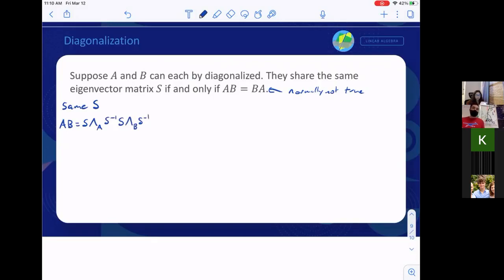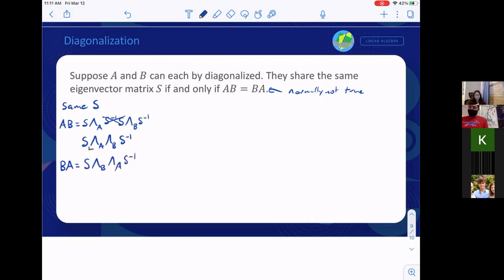They have the same eigenvectors, not necessarily the same eigenvalues. Same eigenvectors, which means these will cancel each other out because they will be the same. So this would be S lambda A lambda B times S inverse. If I switch the order and did B times A, I would just switch the order of those two things, and what I would get is S lambda B lambda A S inverse.